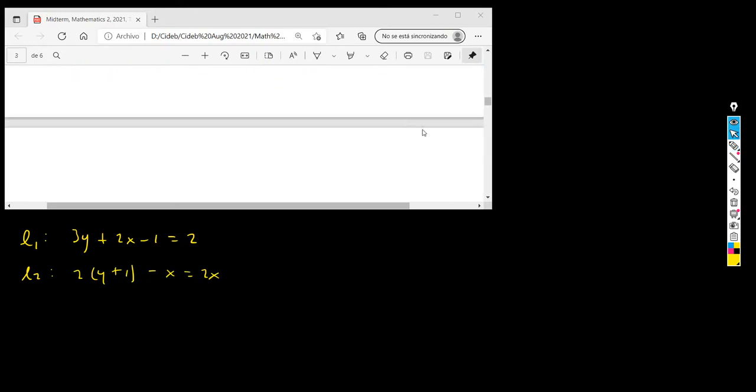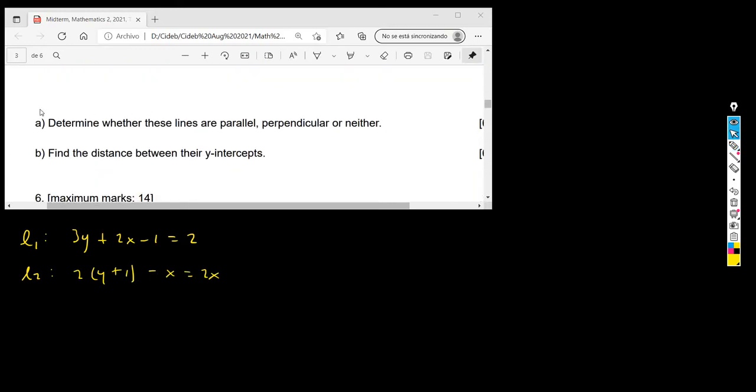What are the questions now? A, determine whether these lines are parallel, perpendicular, or neither. And B, find the distance between their y-intercepts. The method of solution is pretty much the same as before.